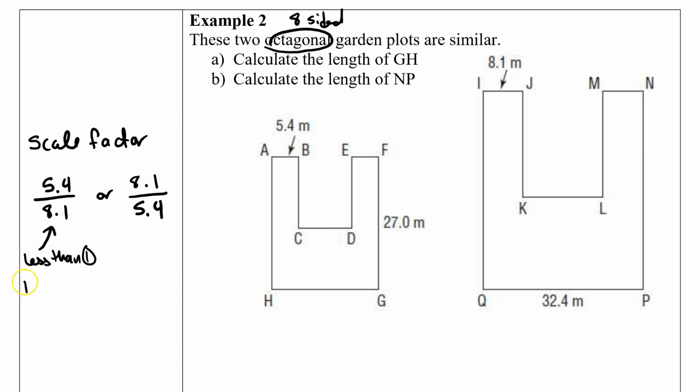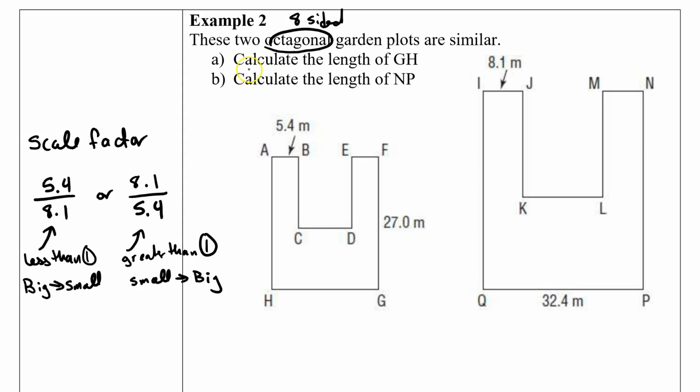So if we're going from big to small, this is the one that we will use. If this one right here is greater than 1, so we have an enlargement. That means that if we're going from small to big, we would use this one.